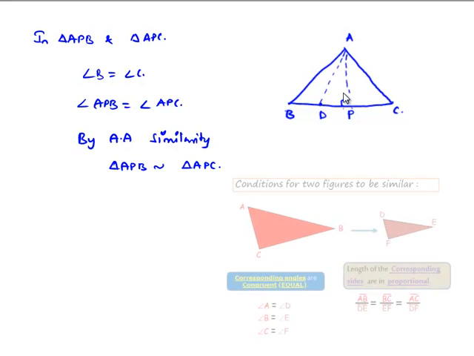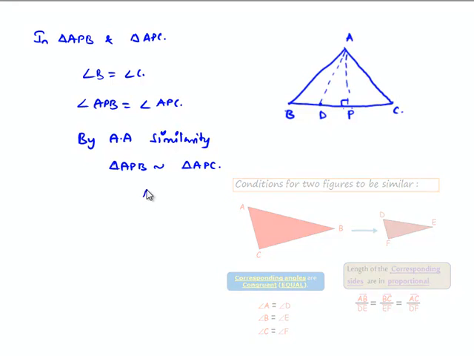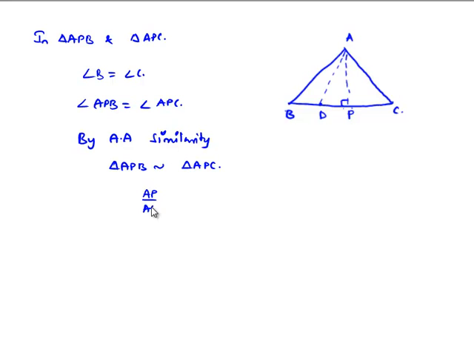So we know that when two triangles are similar, then their corresponding sides will be in proportion. Here AP by AP will be equal to PB by PC will be equal to AB by AC, which implies AP by AP is nothing but 1 and AB by AC is nothing but also 1, because in an equilateral triangle all the sides are equal.